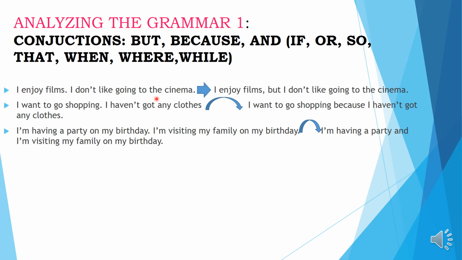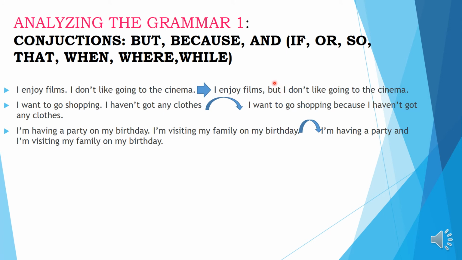Here we have some simple sentences in the first part, and after that we are going to see the use of the conjunctions. For example, I enjoy films. I don't like going to the cinema. How can I join these 2 sentences? Here I have to use the conjunctions. Here is the example. I enjoy films, but I don't like going to the cinema.